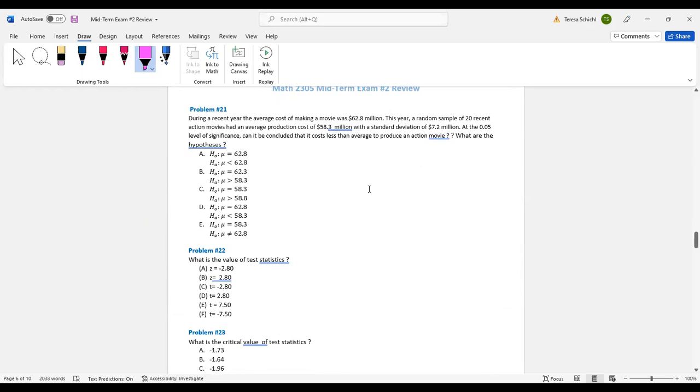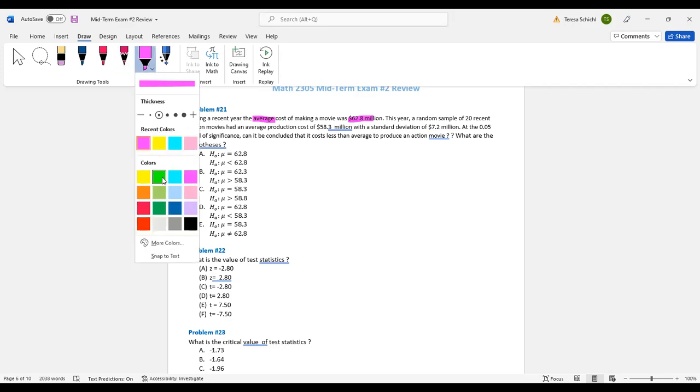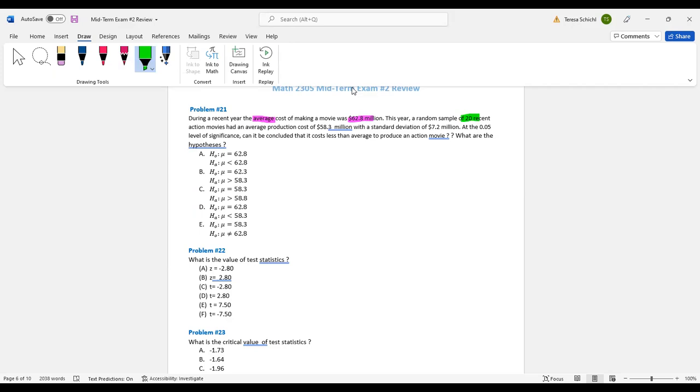So during a recent year, the average cost for making a movie is $62.8 million. So let's highlight it. That means the average cost to make a movie is 62.8. This year, I'm taking a random sample of 20 recent action movies, which has an average cost of 58.3 and a standard deviation of 7.2 million.